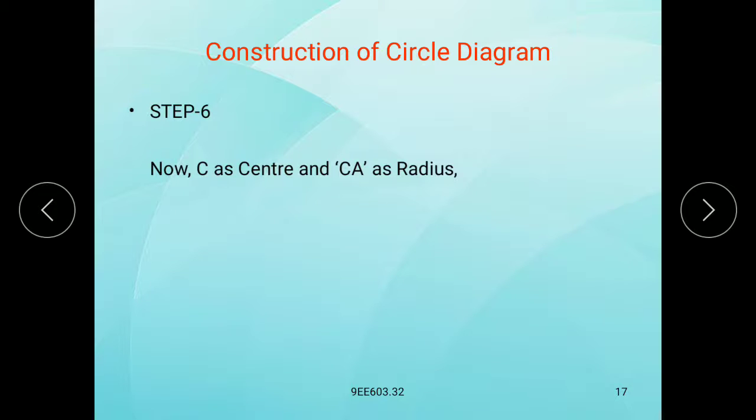Step 6. With C as the center and CA as the radius, draw a semicircle ABD as shown.